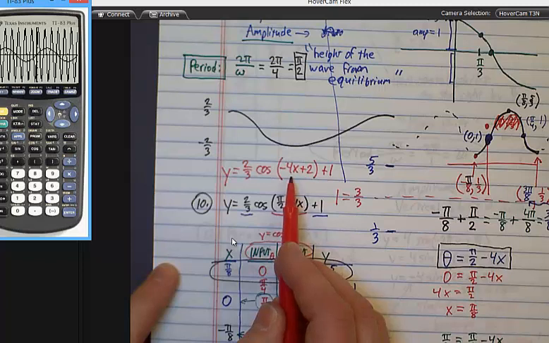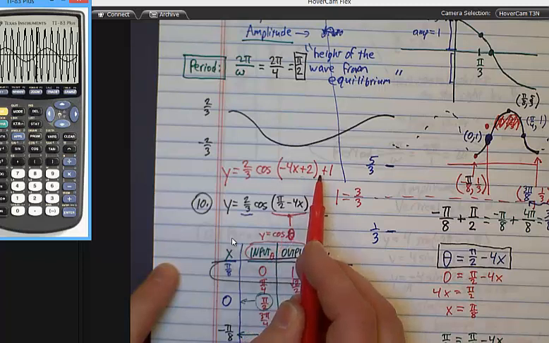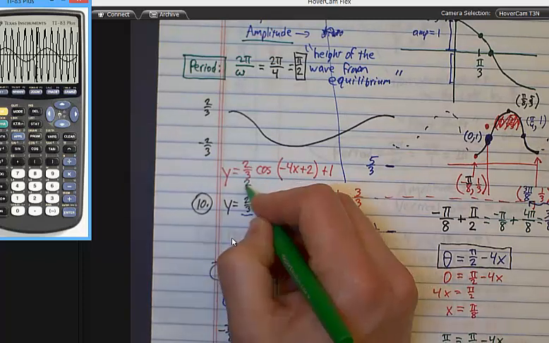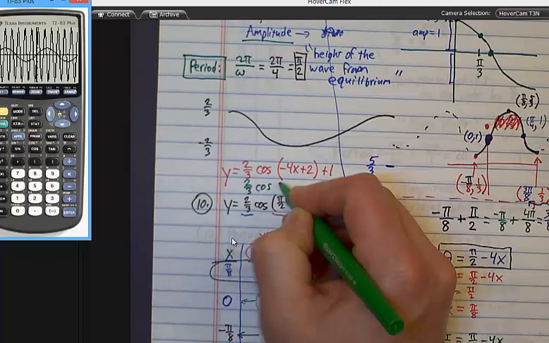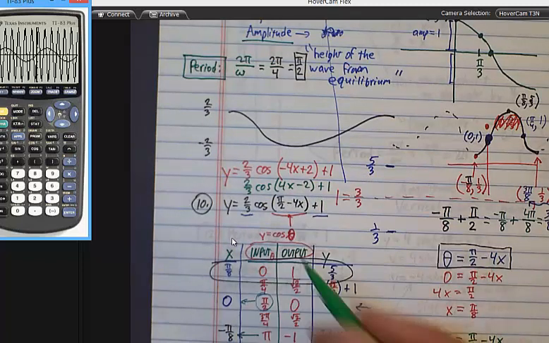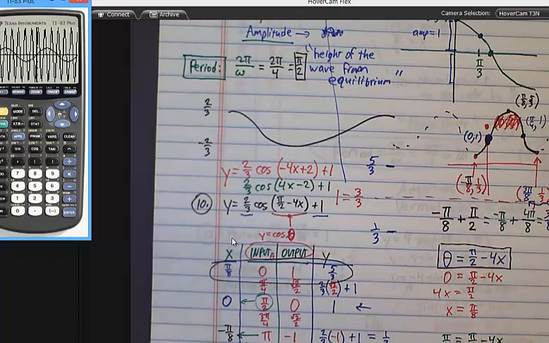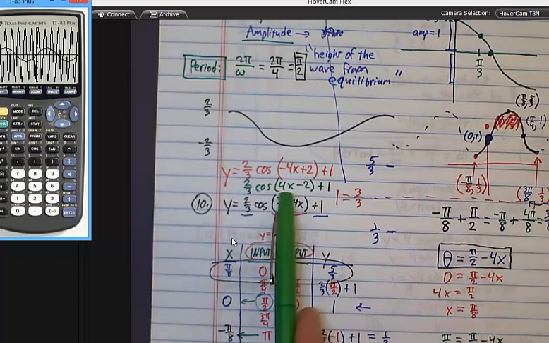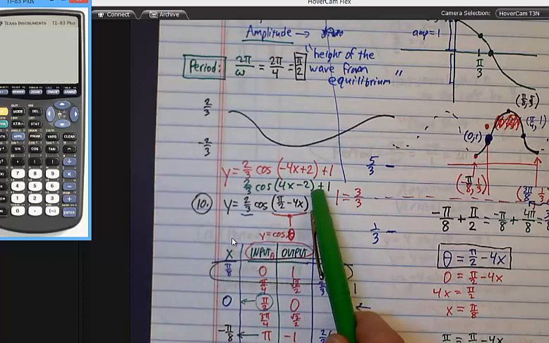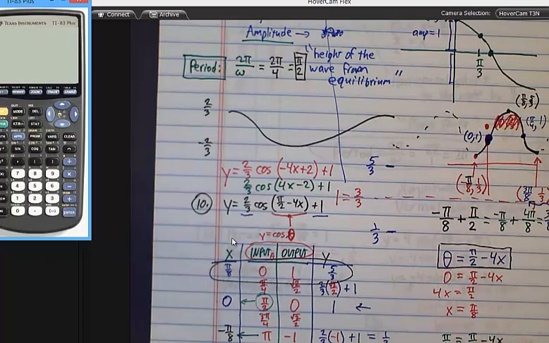Well, I guess what I'm telling you is that because cosine's even, you could also write it as 2/3 cosine of 4x minus 2 plus 1. You'd get exactly the same answer because the cosine of negative theta is the same as the cosine of theta. This green one would give you exactly the same graph as the red or the black. Okay? So you have to play with it a little bit to see how that works.